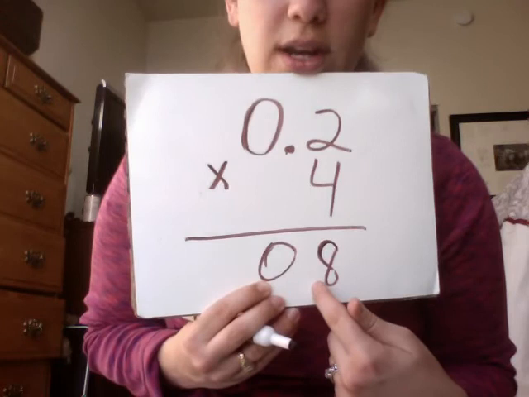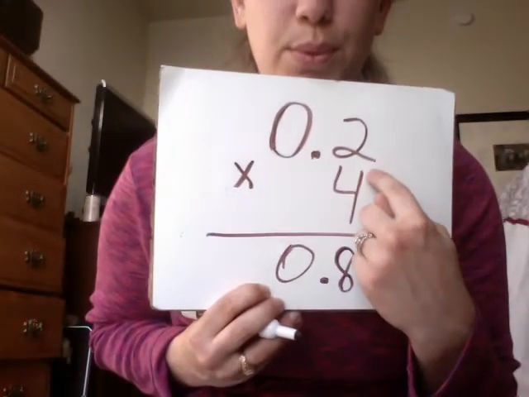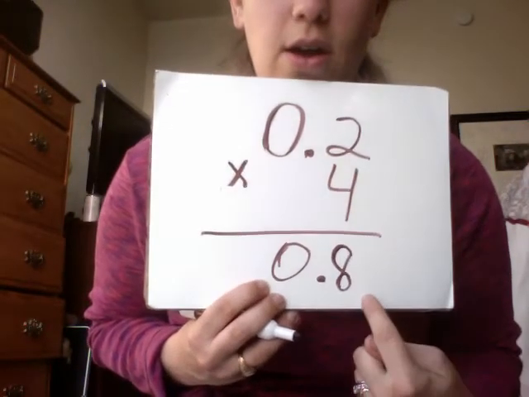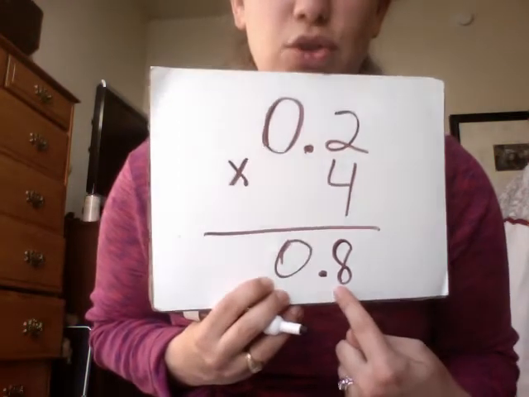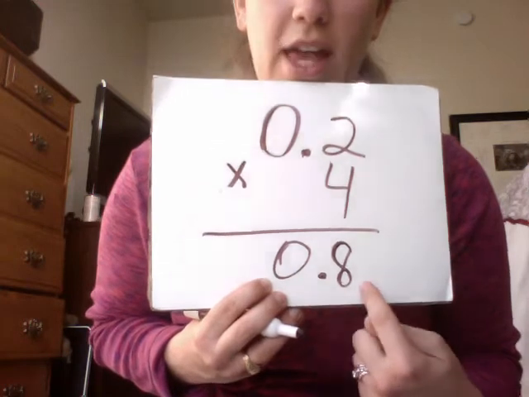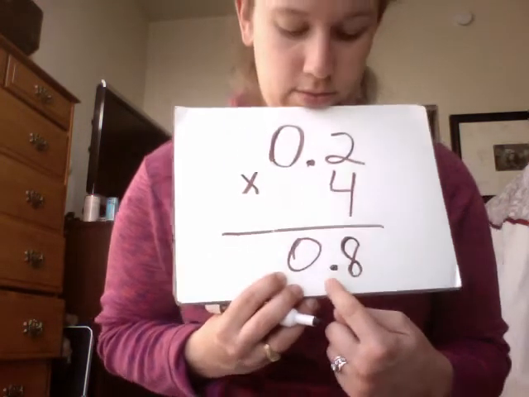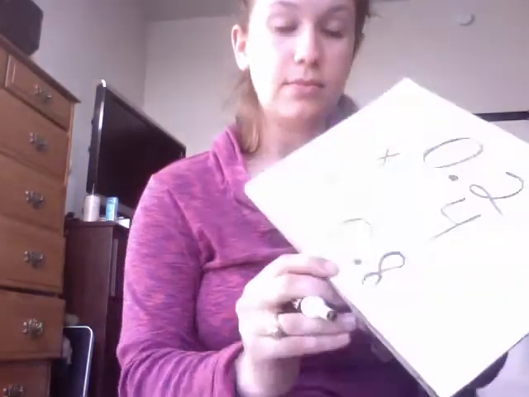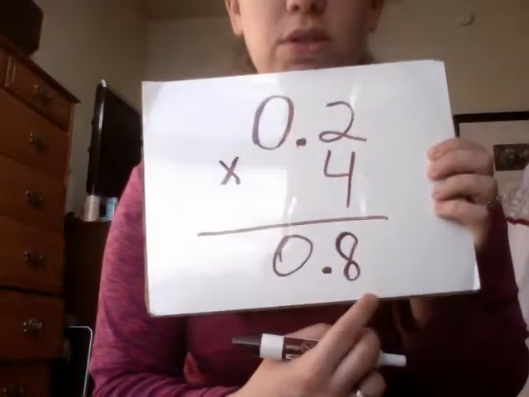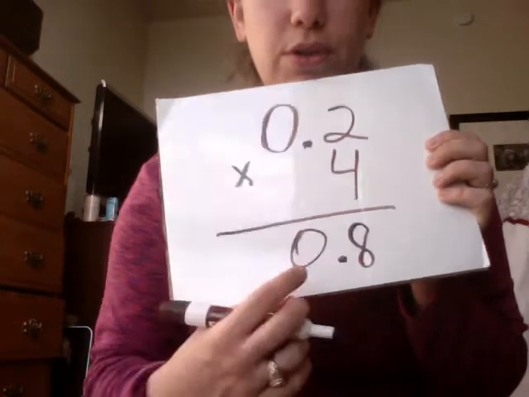So I just want 1 number to the right of my decimal place because that's what's happening up here. So however many numbers are behind your decimal place in the problem, that's how many you want behind your decimal place in your answer. And you'll count from the right. So you go to the left one, and that's where you put your decimal place.